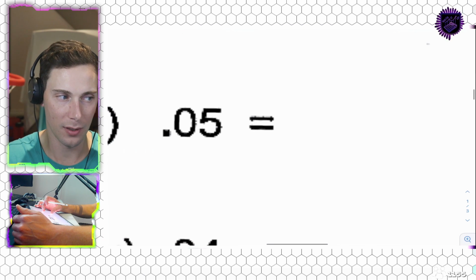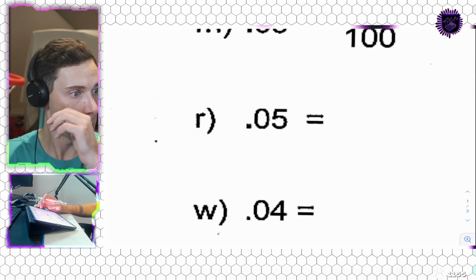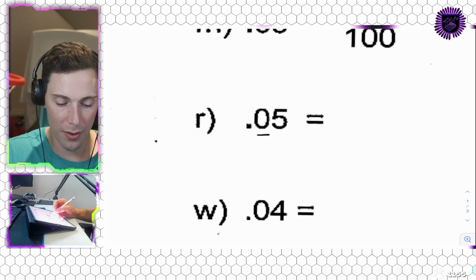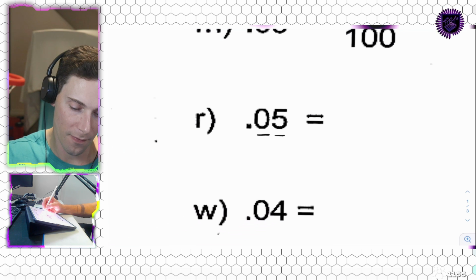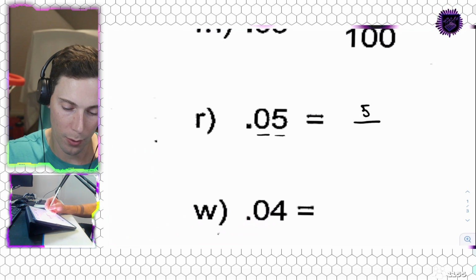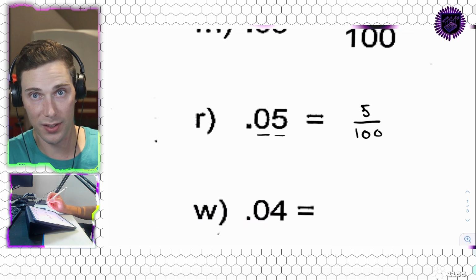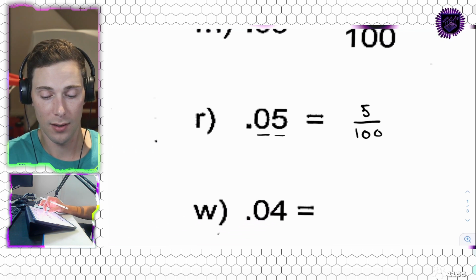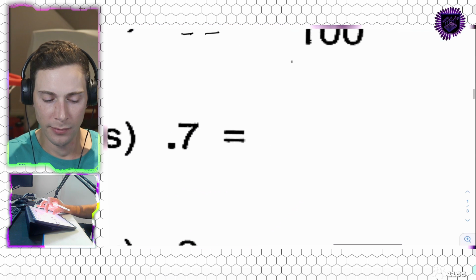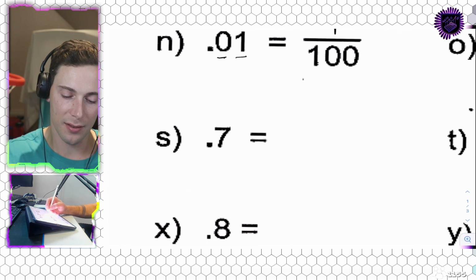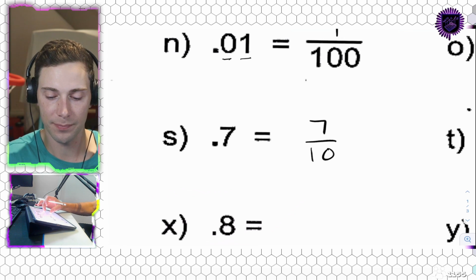Okay, now this one, R, is going back to the 2 place values. So we have our tenths and our hundredths. So this is 5 over 100. 5 hundredths. 7 tenths. 7 over 10. 7 tenths.